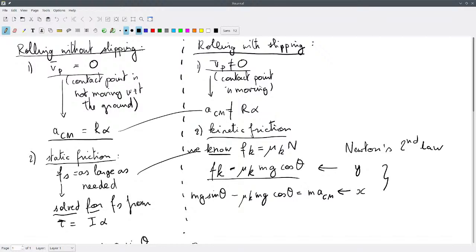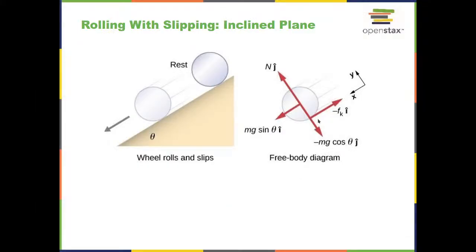These are Newton's second law equations in translational coordinates. And of course we'll have one in rotational coordinates too. So I'm going to call that tau. This one is going to be similar to the one we used in the case of rolling without slipping. The only torque will be from the force of friction.